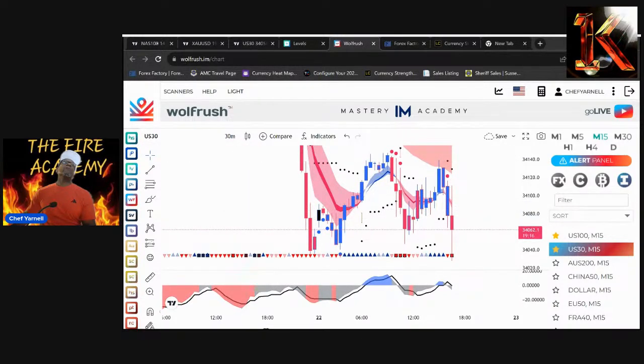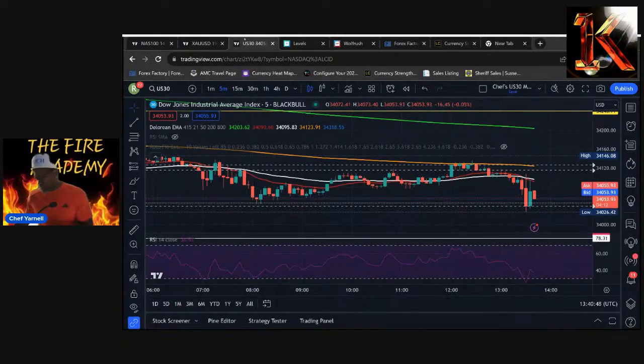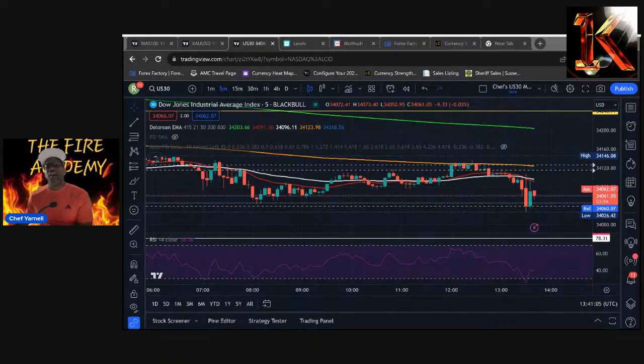Sorry to interrupt, but with the buy stop and then the 34,115, is that the price that I put in on MT4? I'm confused on how to put it in. So you doing demo? Yeah. Good. All right.